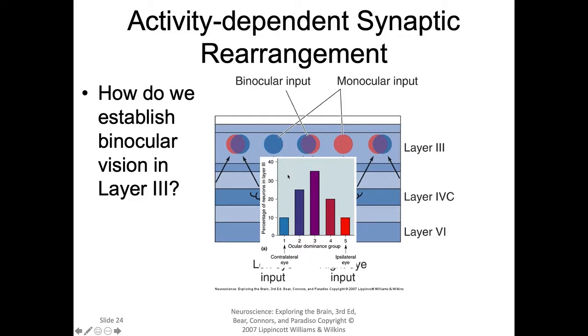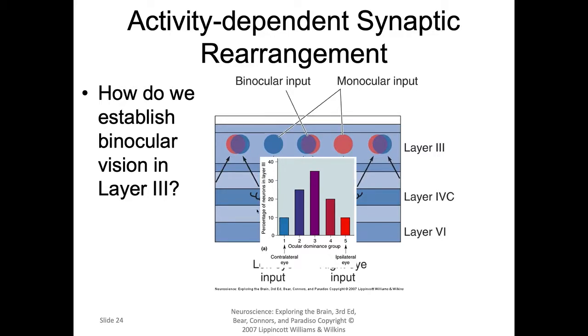They stuck in an electrode and monitored. They weren't really sure where it was going, they would just track it, see, okay, it looks like we're hearing some activity as they move the electrode into the visual cortex. Then they would shine a light into the eye of the cat, one side or the other, and monitor to see what would happen to its function, like whether it was firing a lot or not, whether it was monocular or binocular, etc.